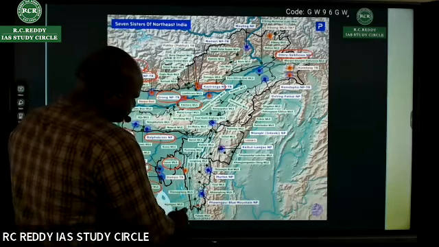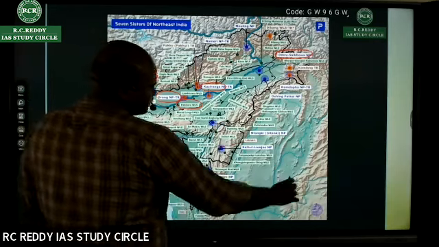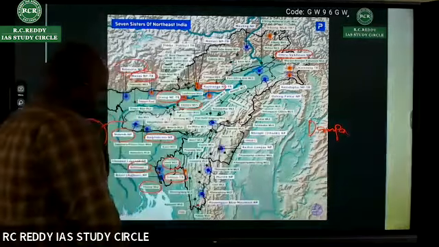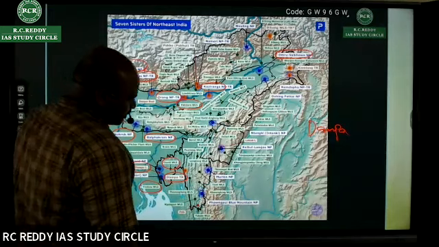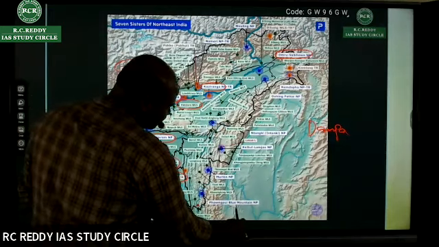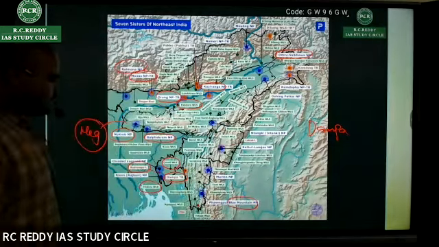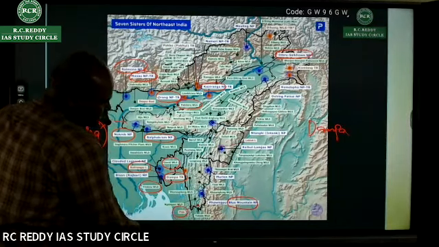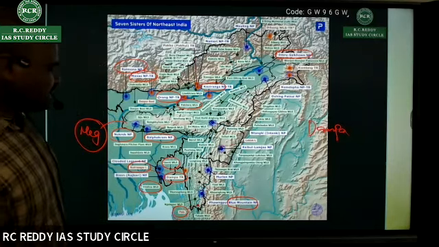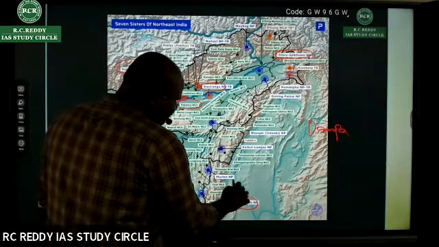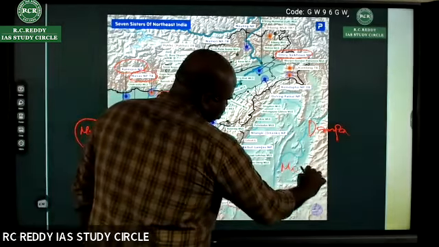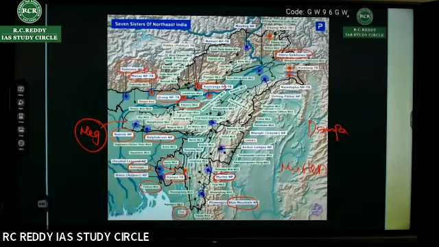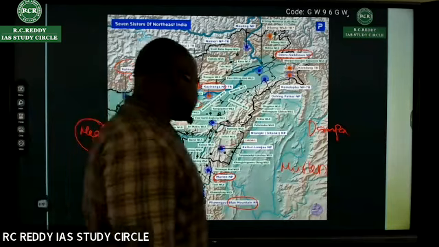Then next, Dampa Tiger Reserve, Dampa, whatever you want to write. Then Blue Mountain National Park, Pala Wetland, Murlen National Park. These are in Mizoram.